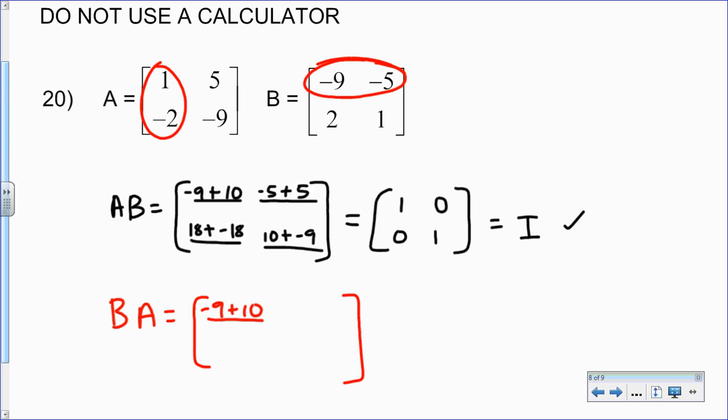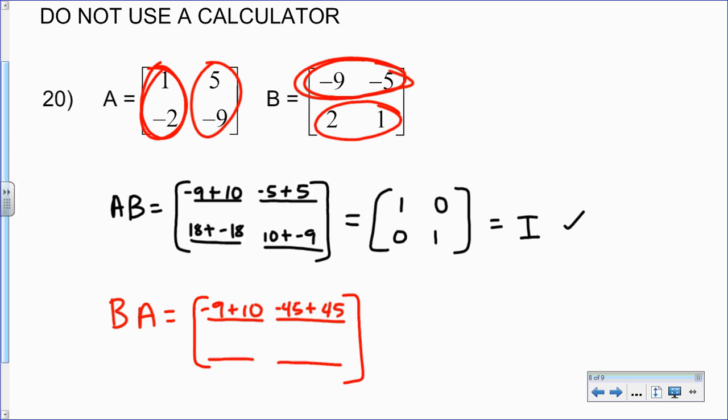First row, second column, -9 times 5 is -45, plus -5 times -9 is +45. Now second row, first column, 2 times 1 is 2, plus 1 times -2 is -2.